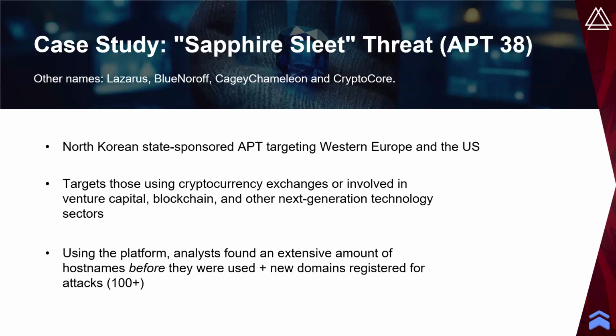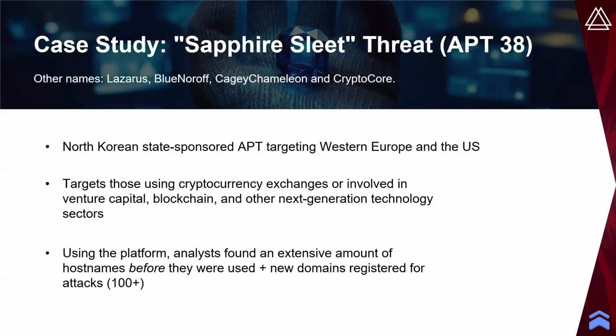What makes Sapphire Sleet particularly challenging sometimes to track is their strategic use of infrastructure. For example, they frequently register domains months or even years before using them in an attack, making them appear legitimate to automated detection systems. But they'll also employ a wildcard DNS record and wildcard SSL certificates, enabling any subdomain of a domain to resolve dynamically.